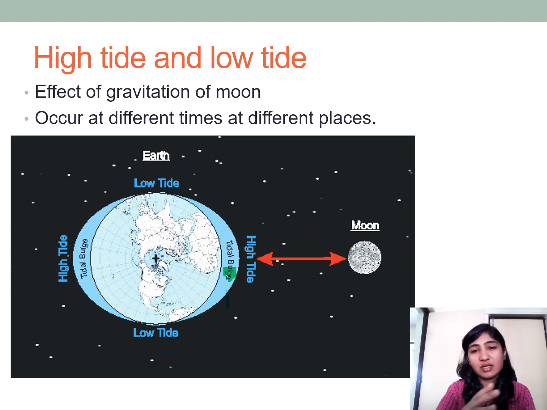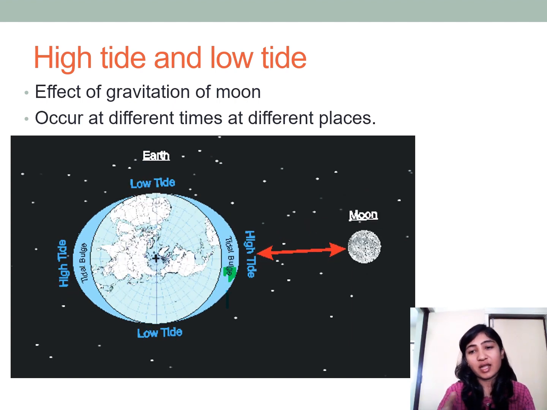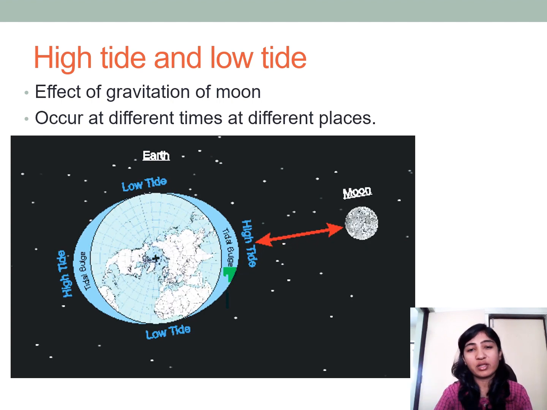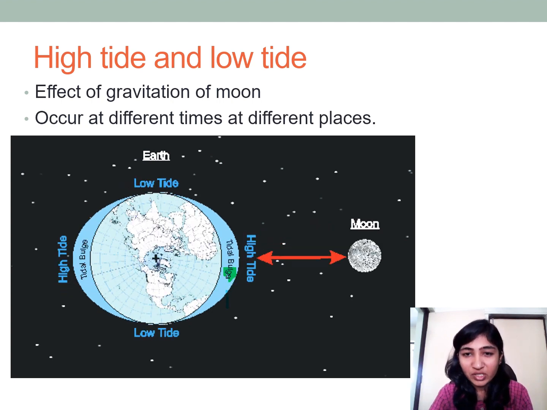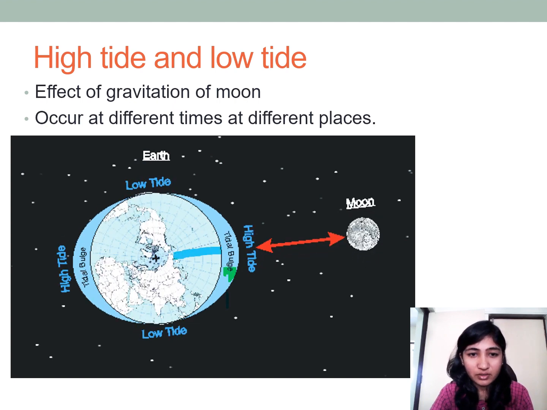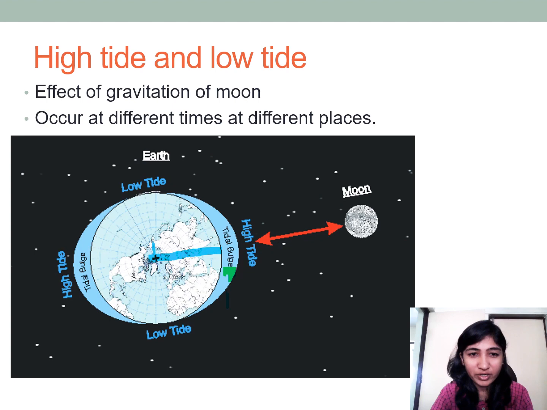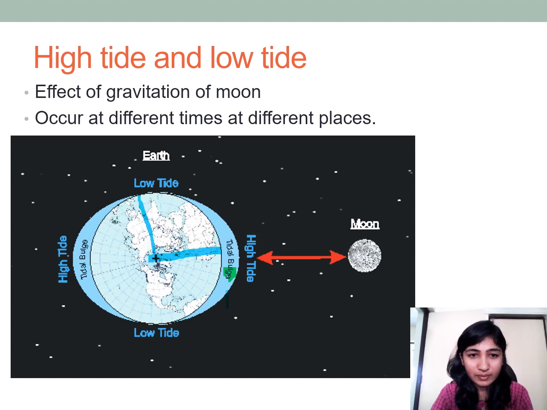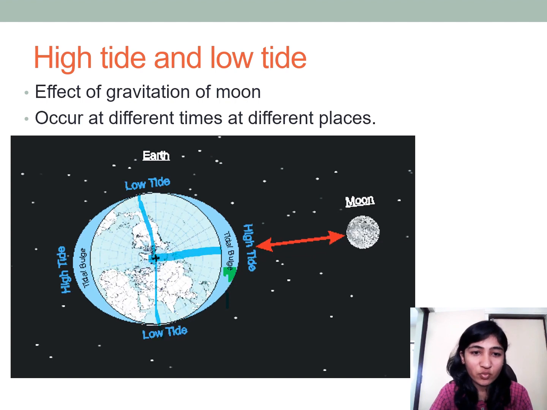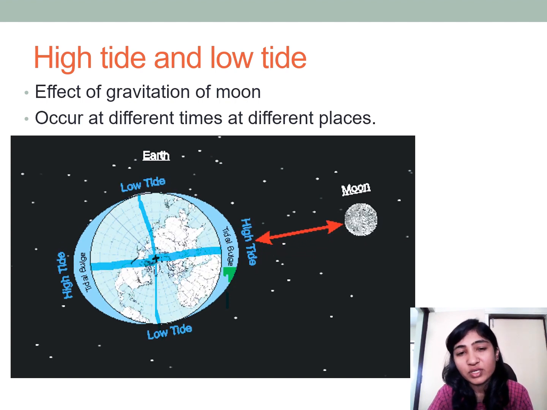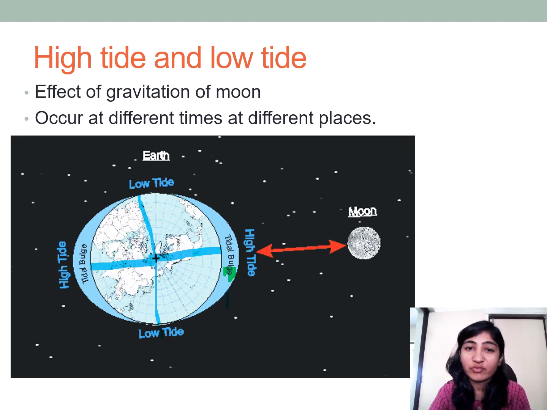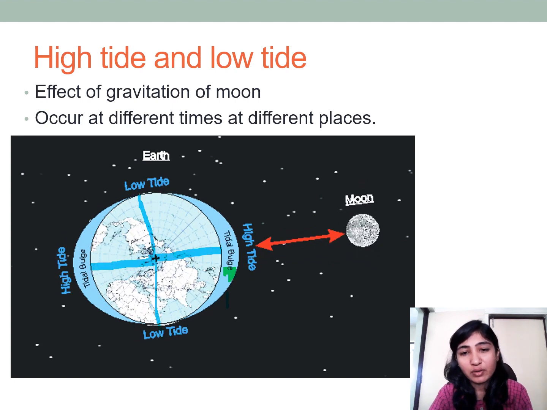The water at the side of the moon is attracted towards the moon, therefore the water level at that point is increased, and at exactly 90 degrees to that point there will be low tides, and at exactly 180 degrees there will also be high tide. So high tide and low tides occur at different times at different places.